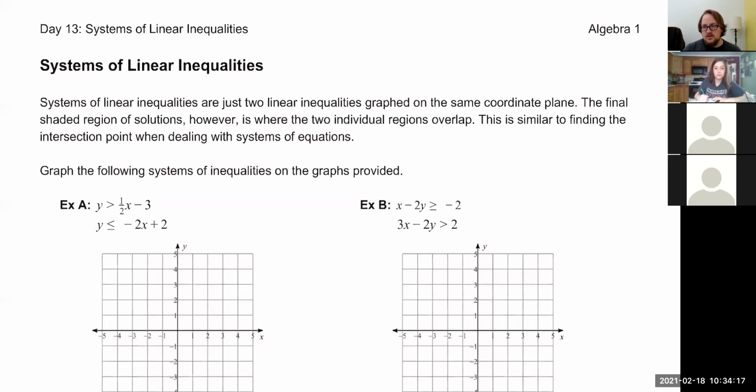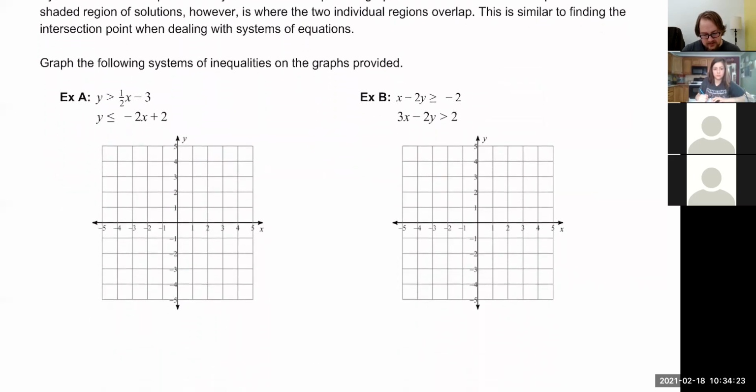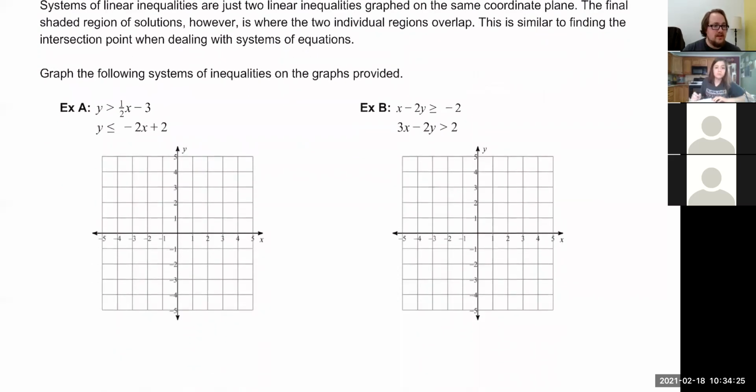So organization is key here. So in total, because it's going to feel repetitive after a moment, because really it's the same thing we just did times 2.